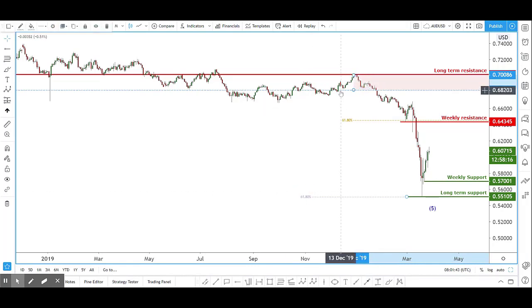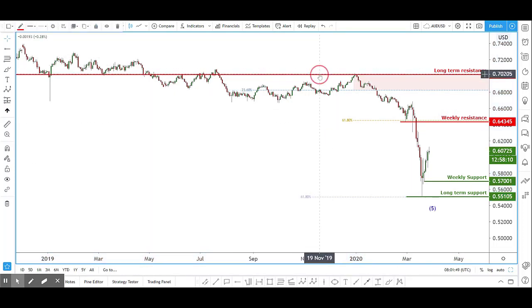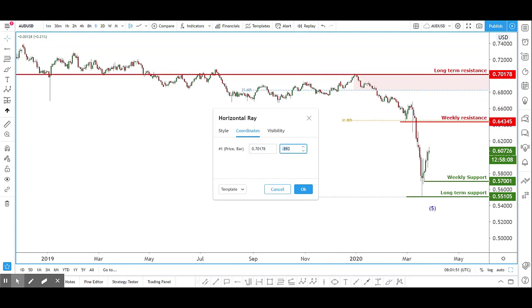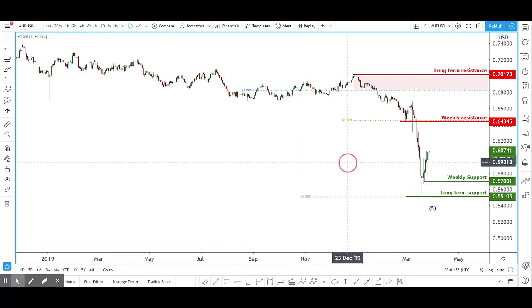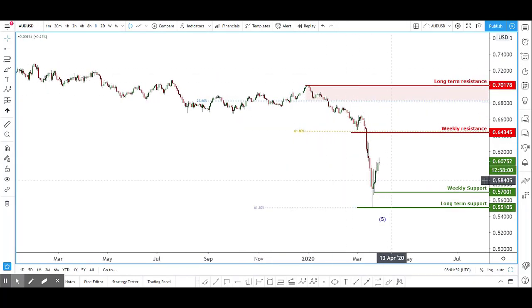This one here. And this is the long-term 23.6 retracement level that price has to break in order for us to confirm that we are in a recovery. Okay, so now we have these levels here, right?